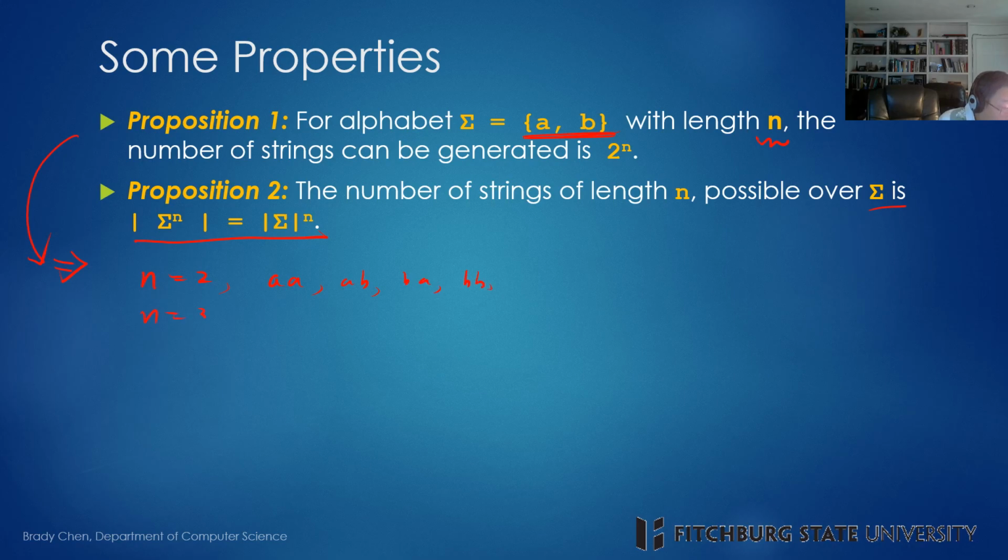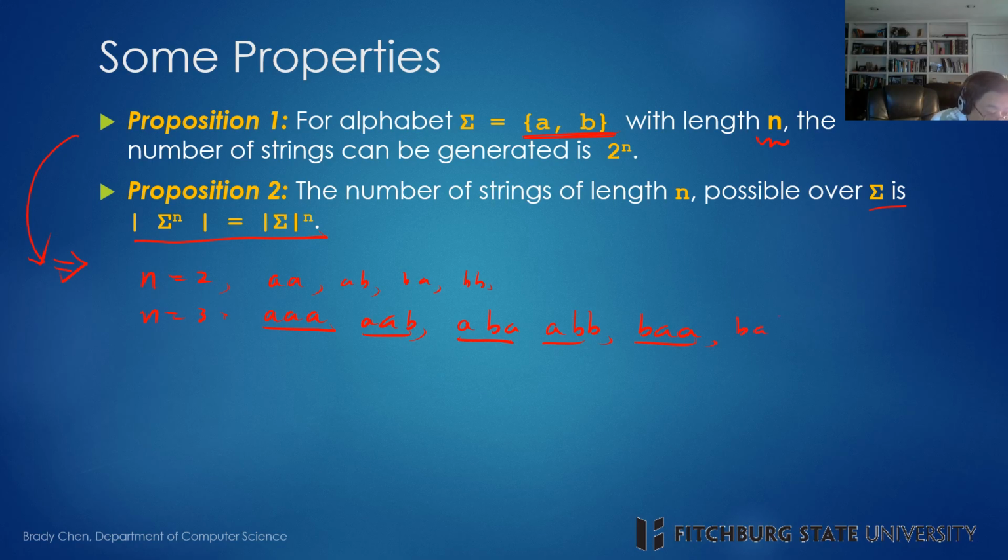Now what about n equals 3? Now you can generate strings of length 3. So that's the combination of 3: AAA, that's 1, right? AAB, that's the second one. ABA, ABB, and BAA. You try all the possible strings of length 3 using A and B. Okay.